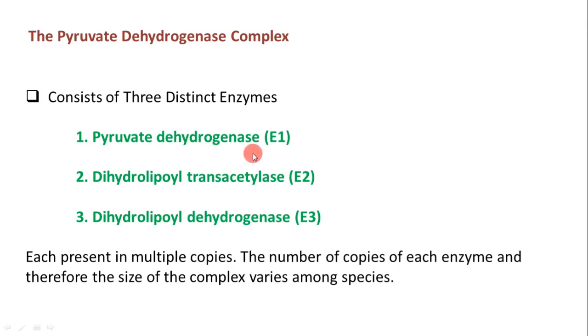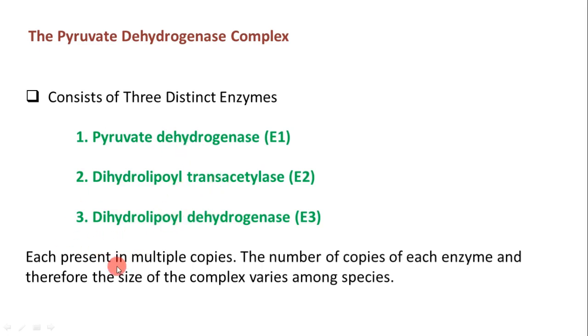Then the second one, dihydrolipoyl transacetylase or enzyme 2, E2. Thirdly, dihydrolipoyl dehydrogenase or enzyme 3, E3. These are the three enzymes present in the pyruvate dehydrogenase complex.